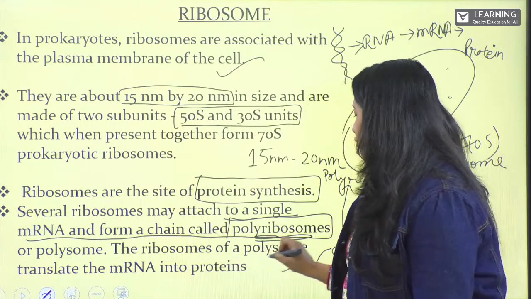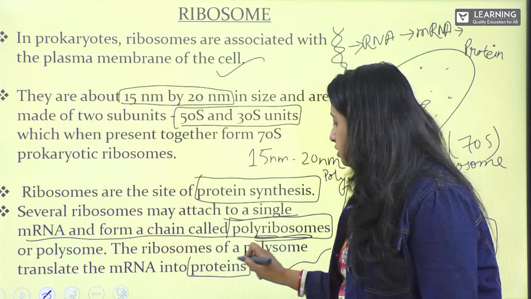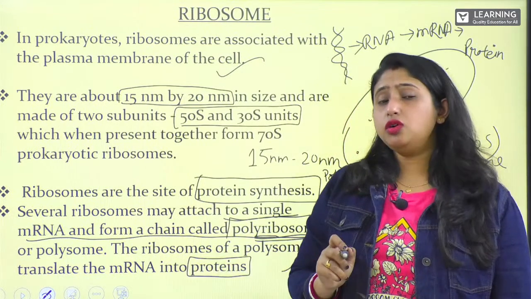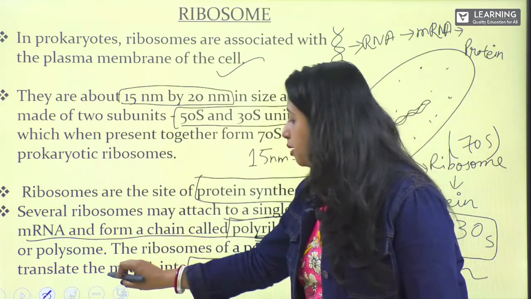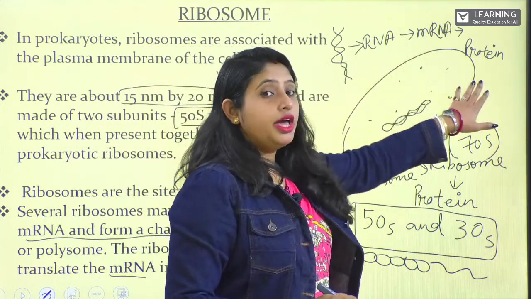The ribosomes of the polysome translate the mRNA into proteins. Clear? So the protein is formed from the mRNA.